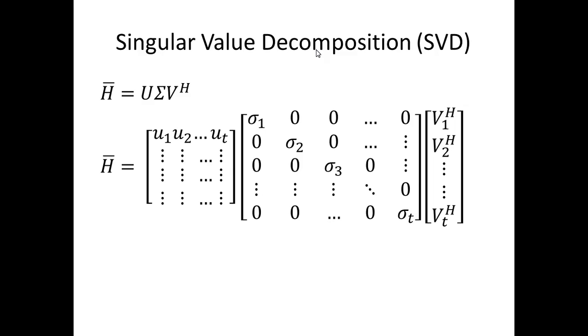Here we have considered that there are an equal number of transmitters and receivers, that is, T transmitters and T receivers. So the singular value decomposition of the channel matrix is given by U sigma V Hermitian, and sigma 1, sigma 2, sigma 3 are the singular values.